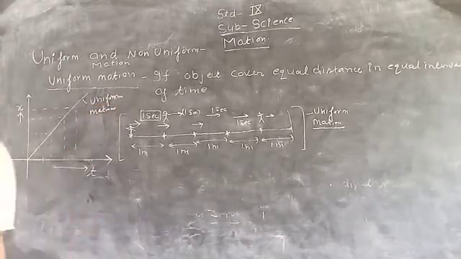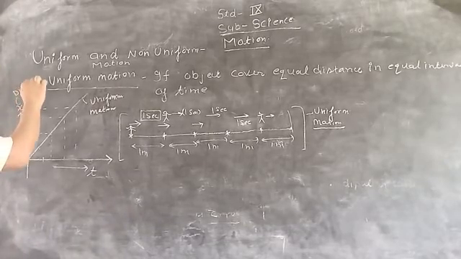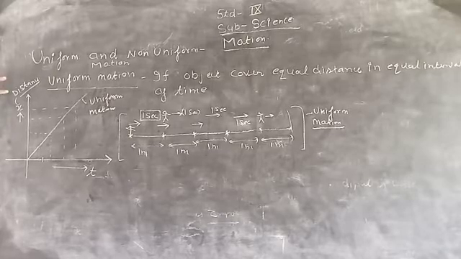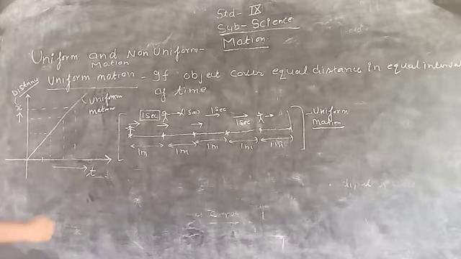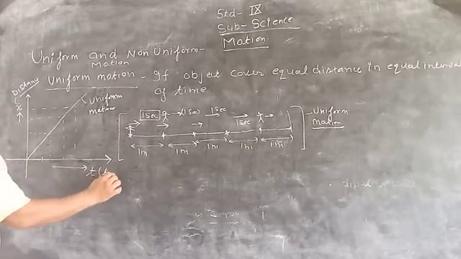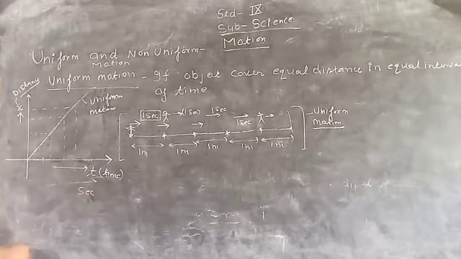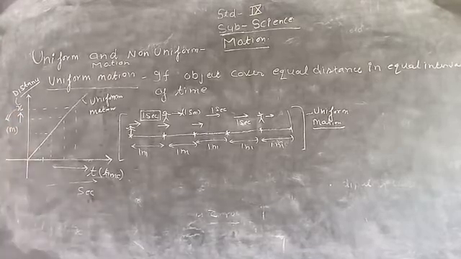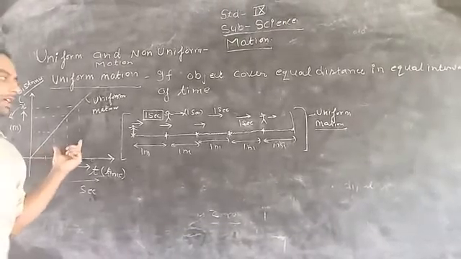This x is taken as distance, or we can say displacement, when the particle is not moving in a straight line, and this is the time. Time is always taken in seconds, and distance is always taken in meters. These are the graphs we derive for uniform motion.